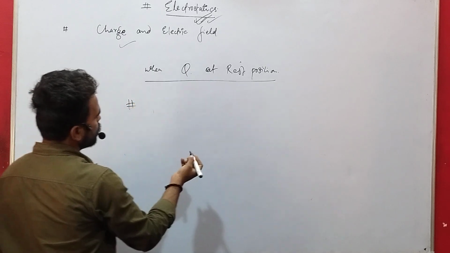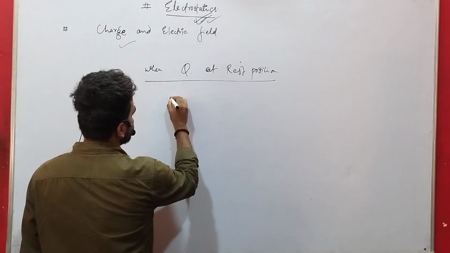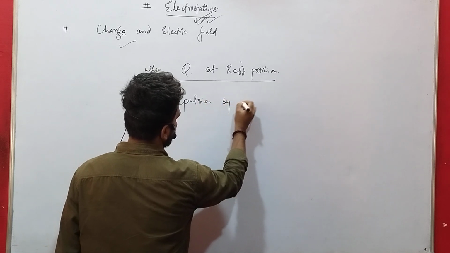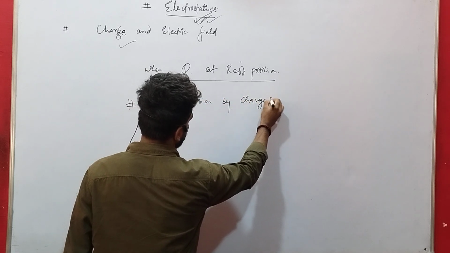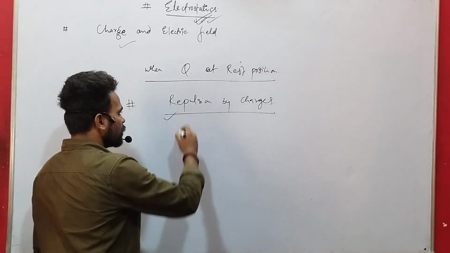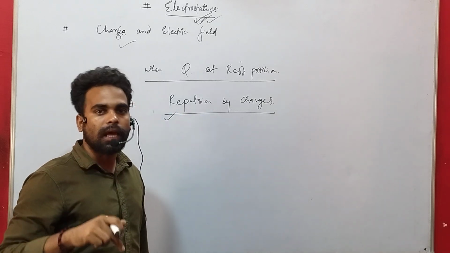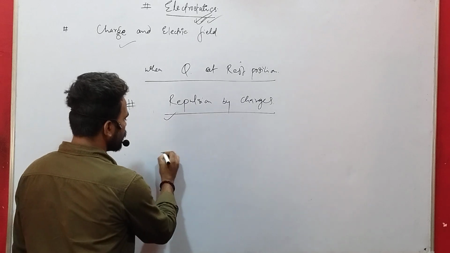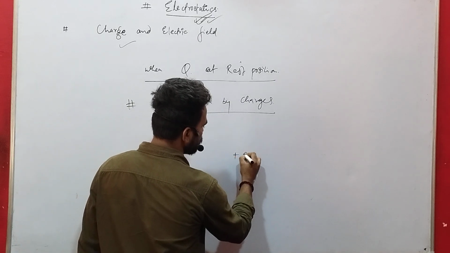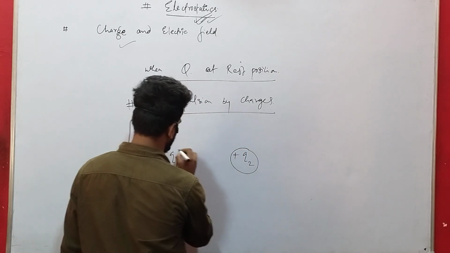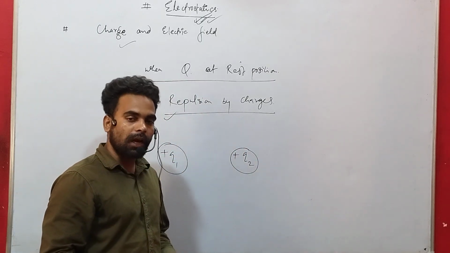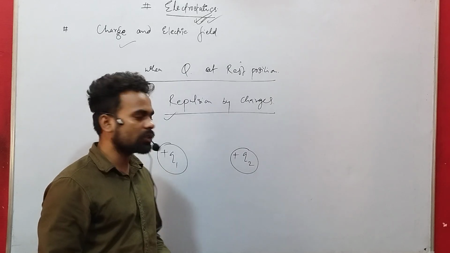Now we can see repulsion by charges. Repulsion occurs in like charges. For like charges, we take a plus q charge q1 and another plus q charge q2. Now we create the electric field by the q1 and q2 charges.